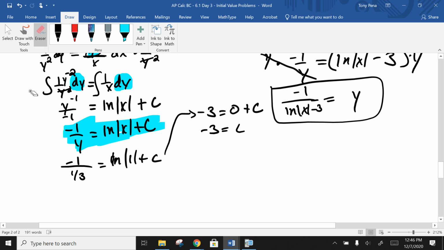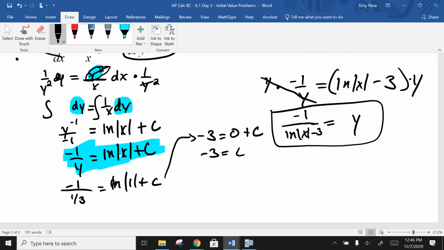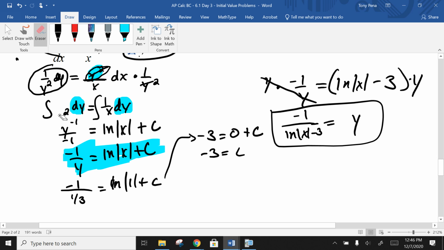Okay, so let's go back up to here. When we separated our variables, see how I had the 1 over y squared? For this antiderivative, I want to take this and move it into the numerator to make it a negative power. So 1 over y squared is the same as y to the -2. Good with that?